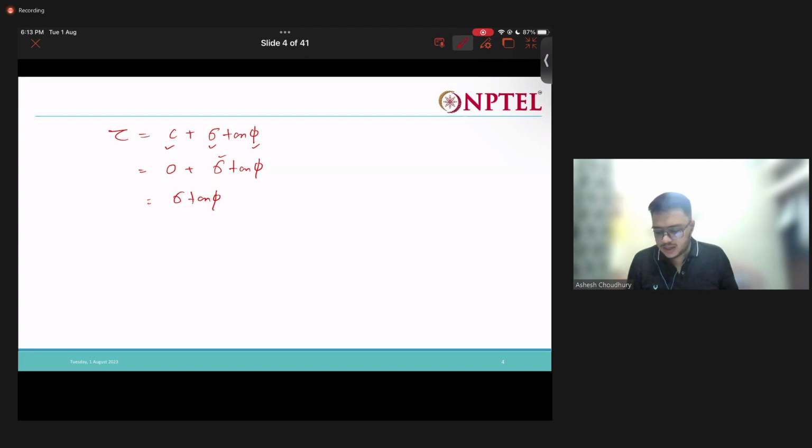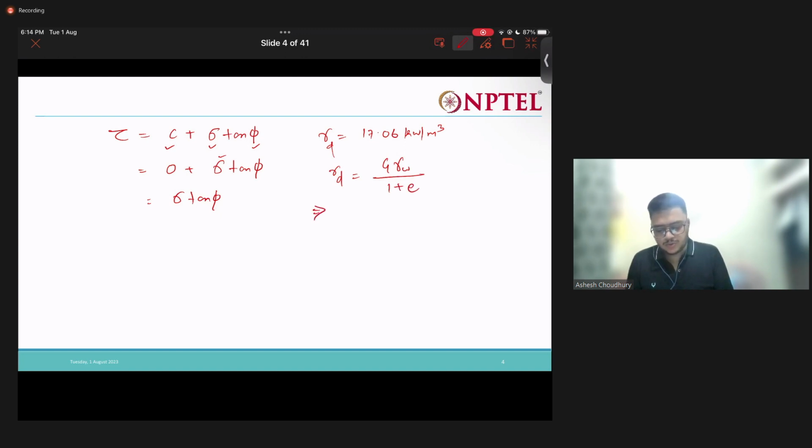Now see, this dry unit weight is given to us as 17.06 kilonewton per meter cube, correct? So from that, what we can do is that dry unit weight is equal to G gamma w by 1 plus e.